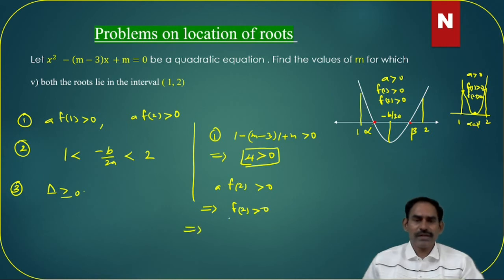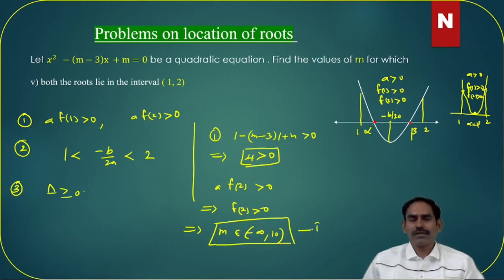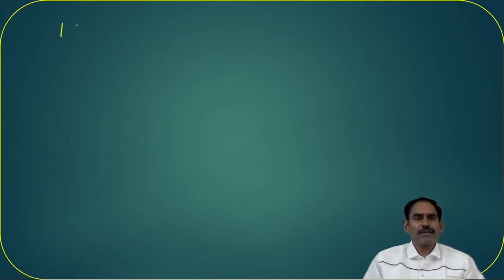This implies, according to previous questions, m belongs to minus infinity to 10 when you take f of 2 greater than 0. This is number 1.